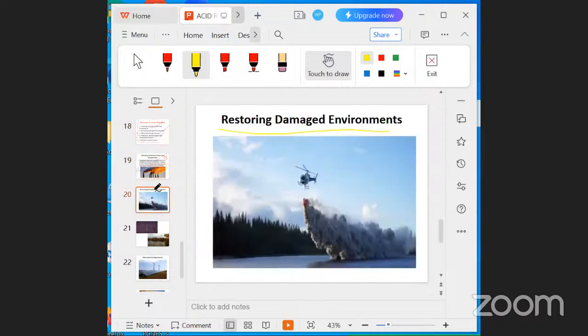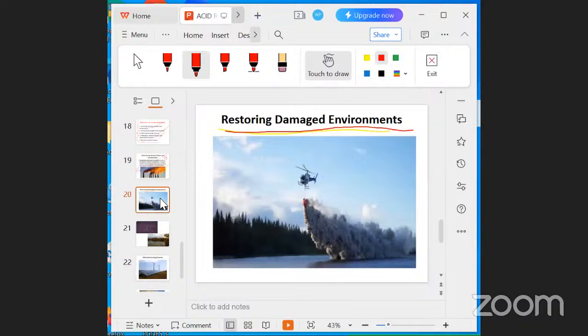Second one, restoring damaged environment. How to restore damaged environments? Now you see this picture. The use of limestone or lime, a process called liming, right?